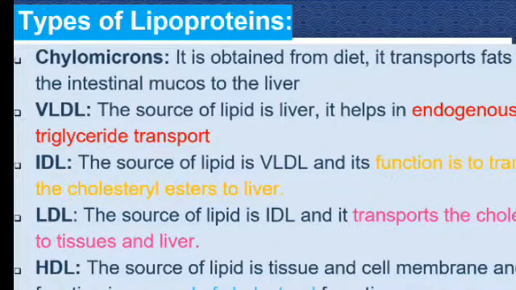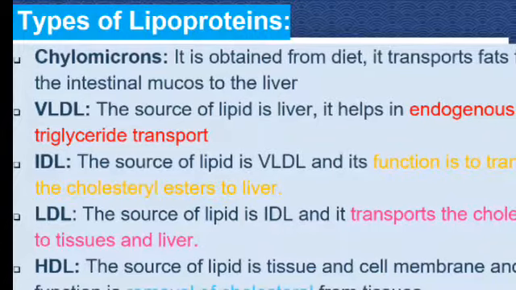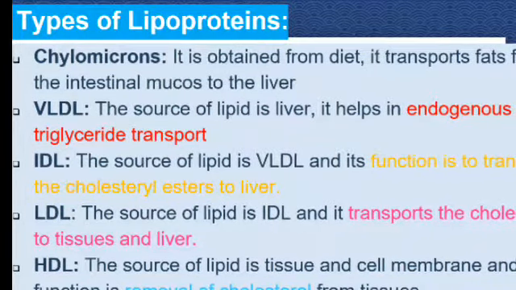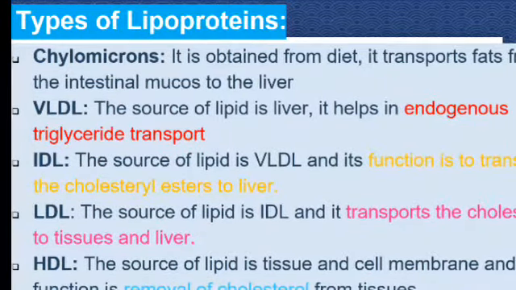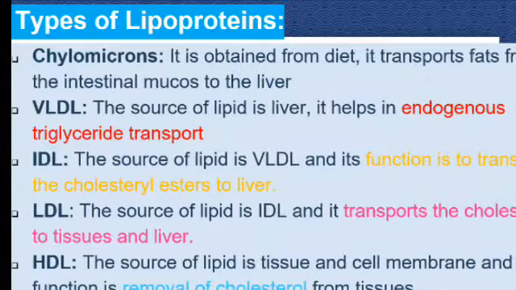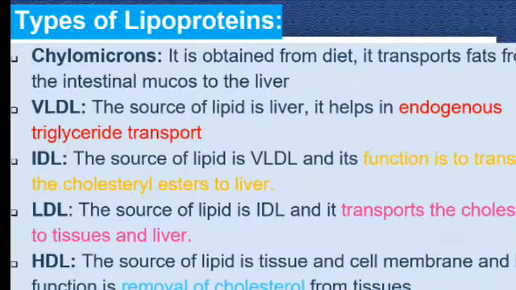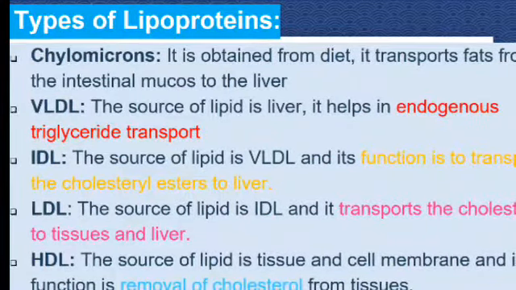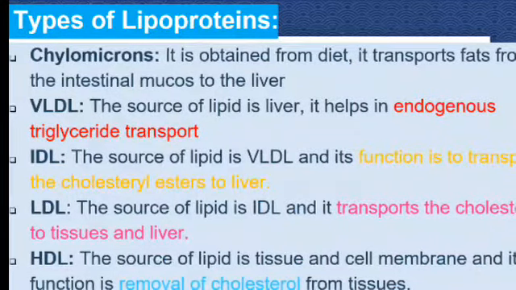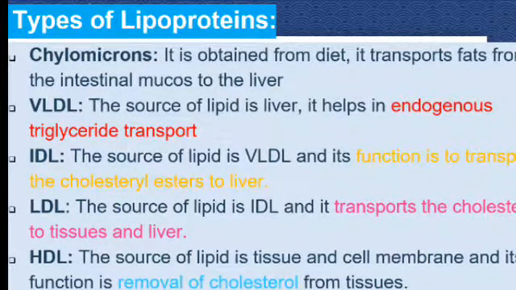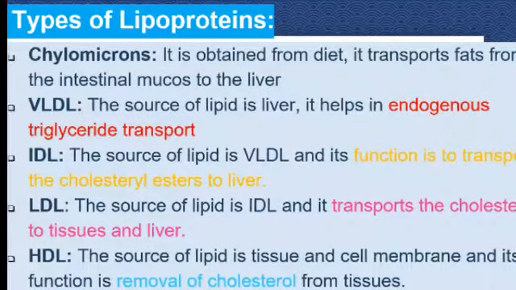The fourth one is the LDL, which stands for low density lipoprotein, where the source of lipid is IDL, and it transports cholesterol to tissues and liver. LDL is sometimes called the bad cholesterol because a high LDL level leads to the buildup of cholesterol in your arteries.